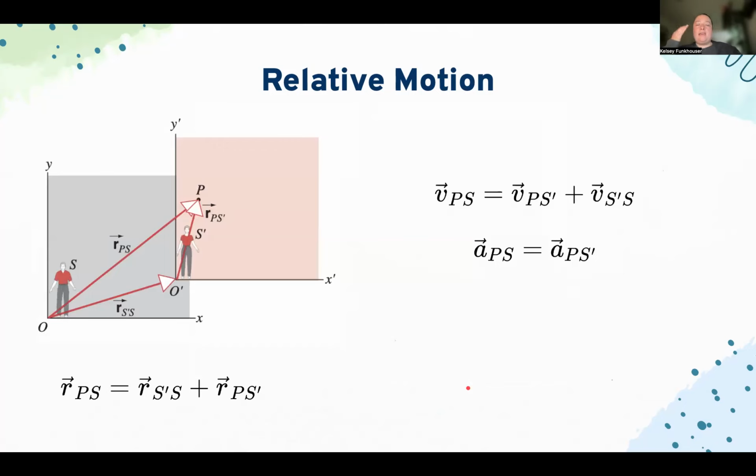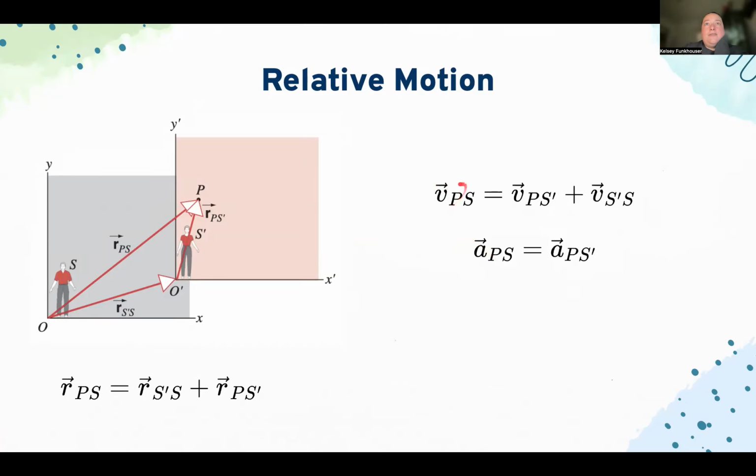We can also take the derivative with respect to time and get velocity in the same way. That would be if the particle is moving with a certain velocity relative to each frame.